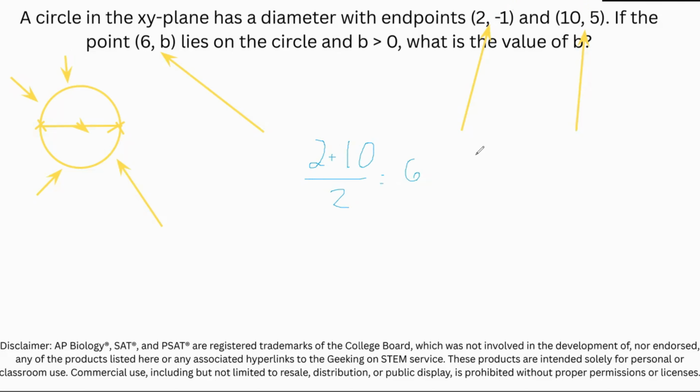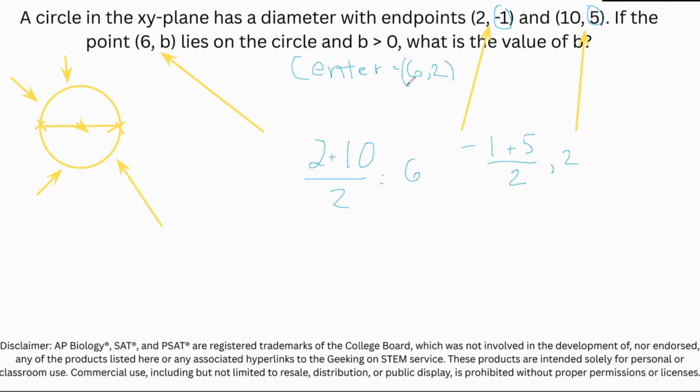You take the midpoint of the two y's, and I have -1 plus 5 divided by 2, and that's going to give you 2. So essentially our center will be (6, 2).